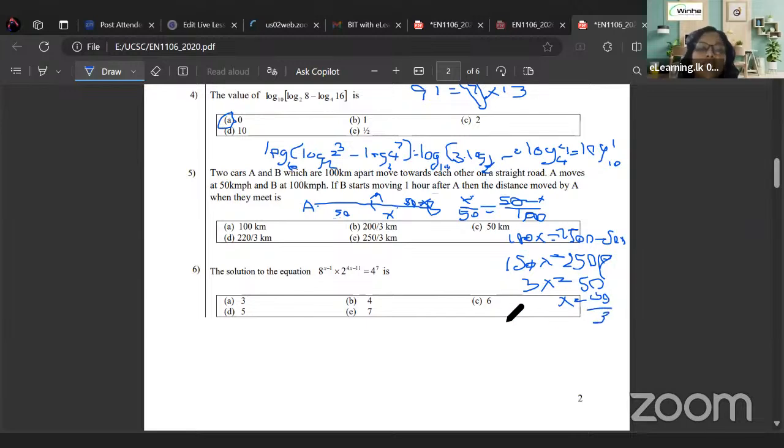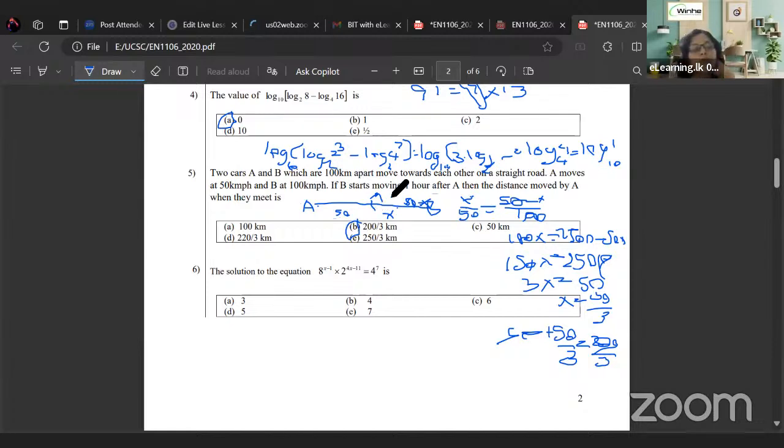Now the total distance traveled by A is 50 plus 50 divided by 3. That is 200 divided by 3. Therefore, the answer is B.